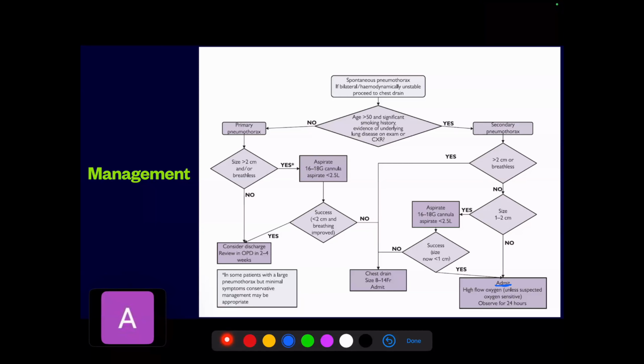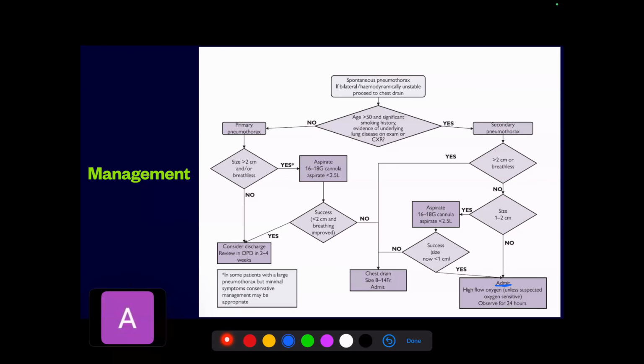The second case is secondary pneumothorax. Either it is large size more than 2 centimeters, in this case I go straight to chest drain and admission, or symptomatic patient.